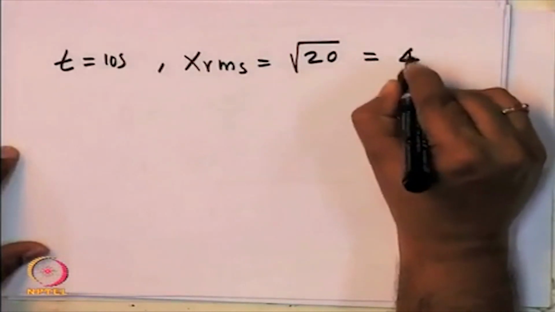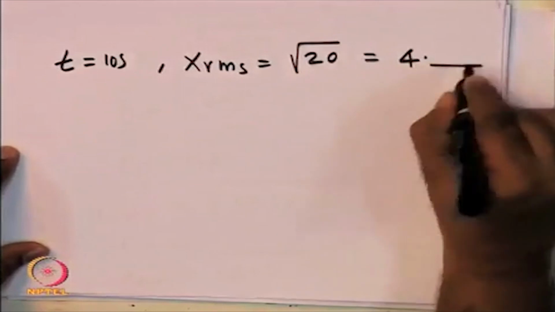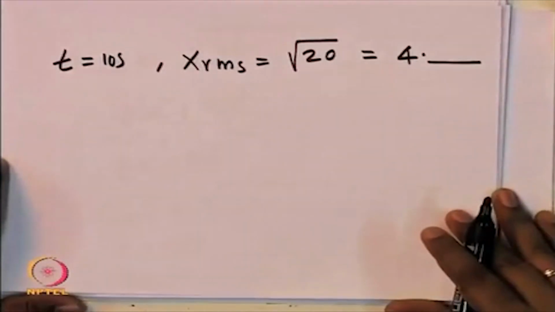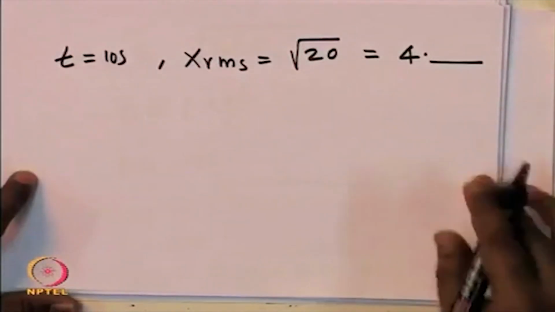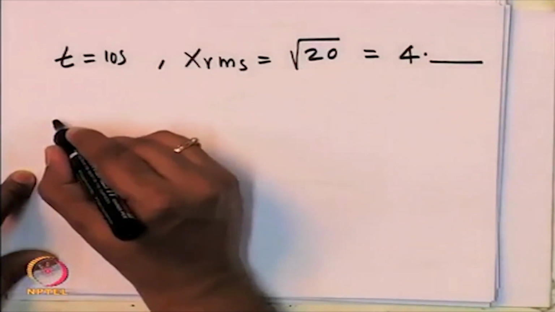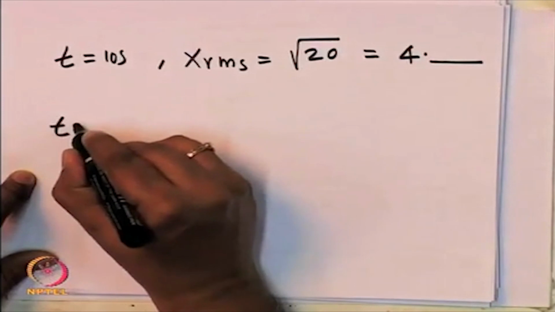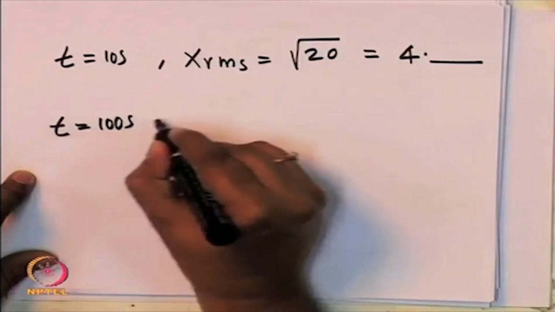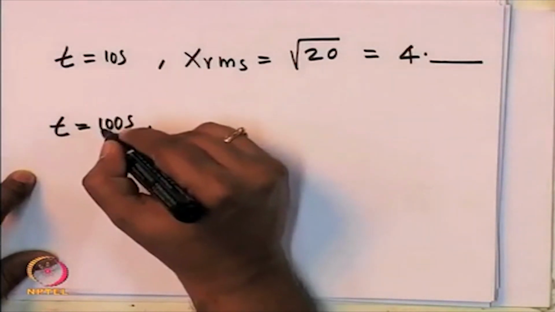We know that this has to be 4 point something, because root of 25 is 5 and root of 16 is 4. Calculate it yourself what is root 20.